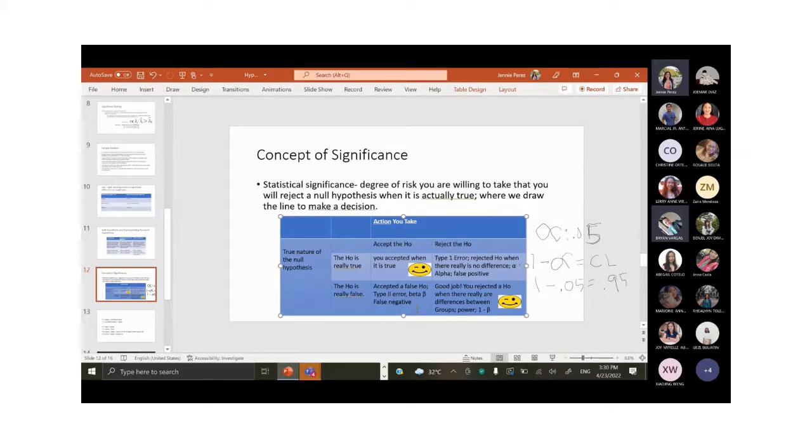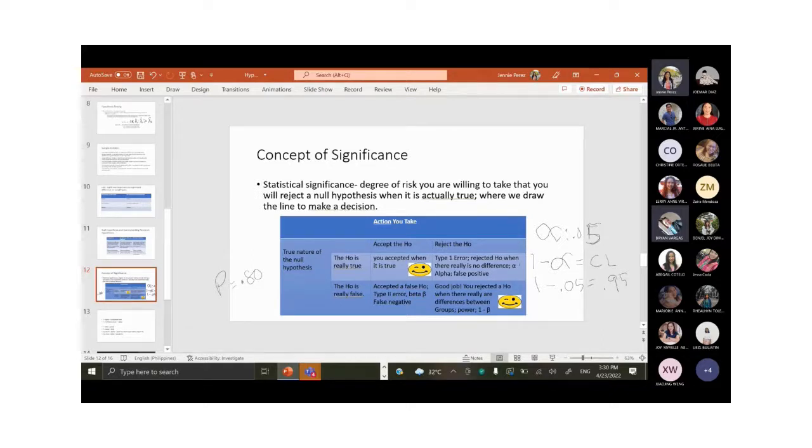And the normal acceptable value for power is 0.80 and above power. This is statistical power. Ito yung acceptable value, the standard acceptable power. So kung mas mataas, mas better.